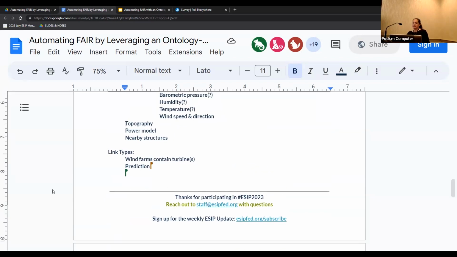Okay, great. Well, thank you very much. Let's see, we have two more groups. You can just, oh wait, I have to turn off the screen share. Oh, sorry.